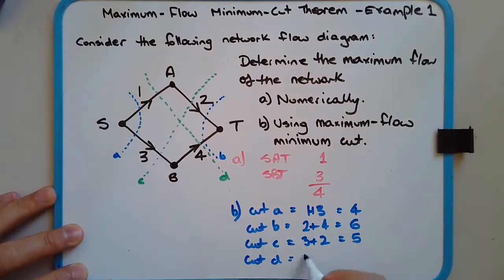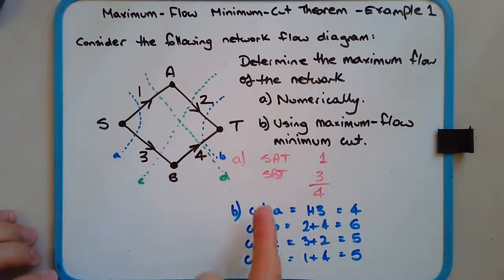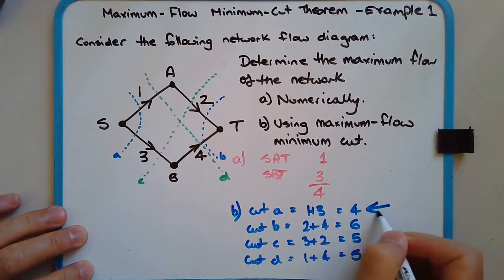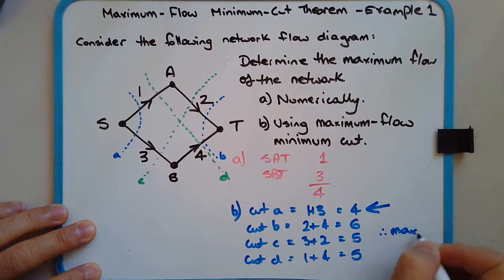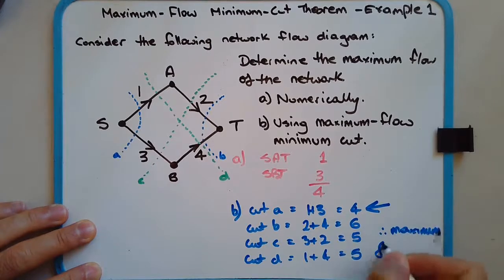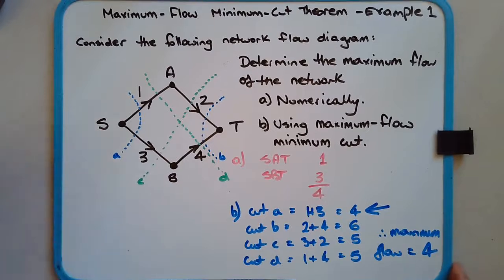Yep, 1 plus 4. And that's also equal to 5. So the cut that has the minimum capacity is this one there. So therefore, the maximum flow of this network is equal to 4.